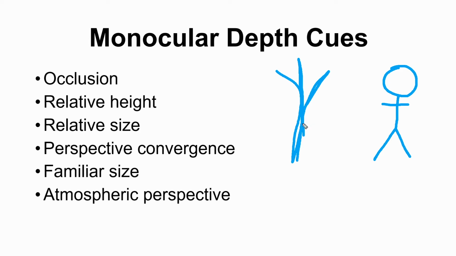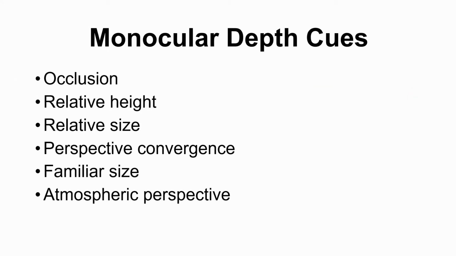You would say that, well, this person is probably closer than that tree is, so we can assume based on size or height what it should be. We could also look at two cars, and one looks larger than the other, but we know that cars tend to be about the same size, so it's not that one car is significantly larger than the other, it's probably that one is closer than the other.